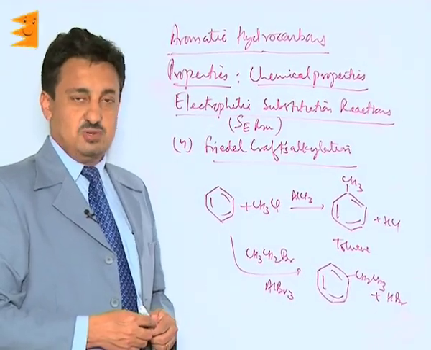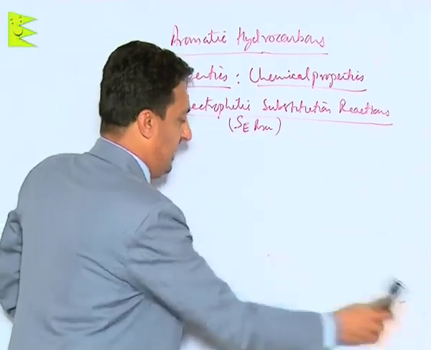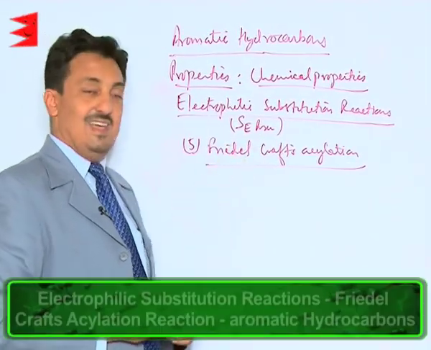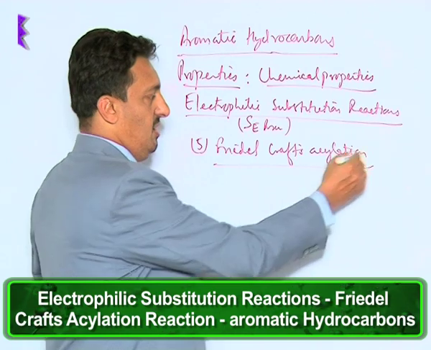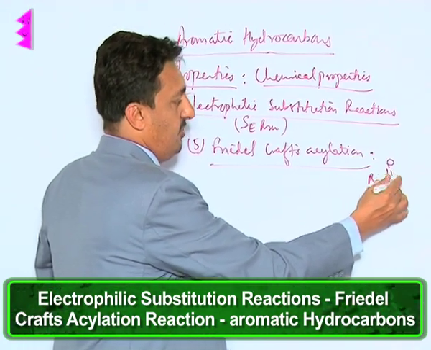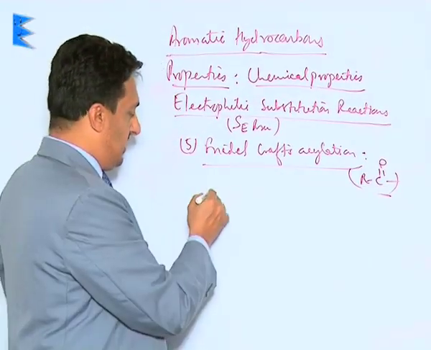The next reaction is called Friedel-Crafts acylation. Now what is Friedel-Crafts acylation? It is the introduction of the acyl group, or C double bond O group. This group is called the acyl group. Now how can it be done?